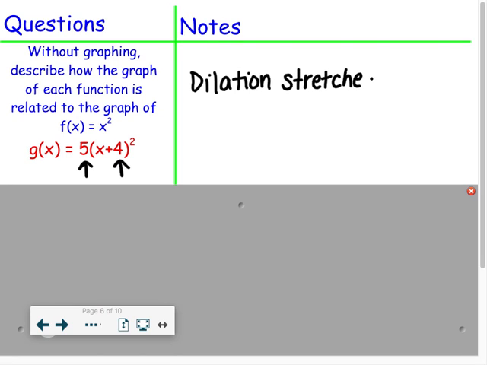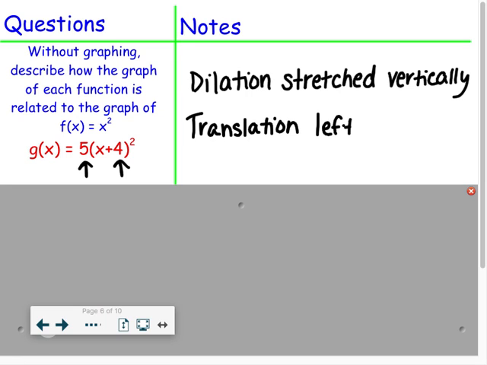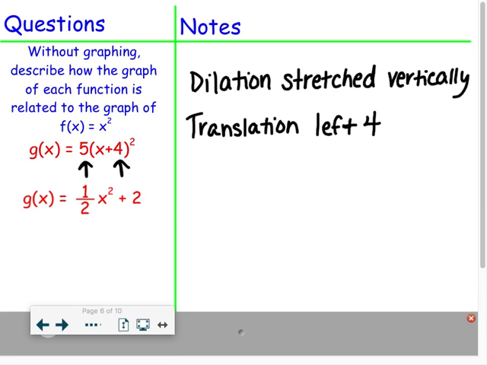If it was less than 1, it would be compressed. So stretched vertically. And then the 4 is a translation. And it's the one in the parentheses, so the plus 4 actually goes to the left 4.